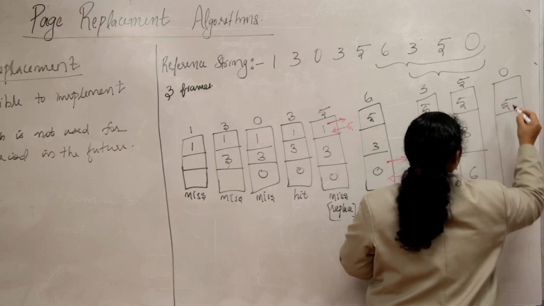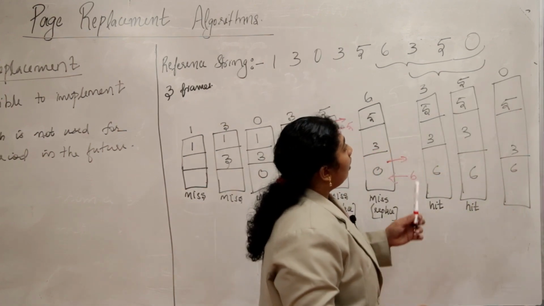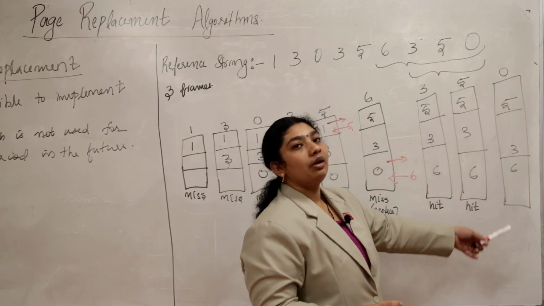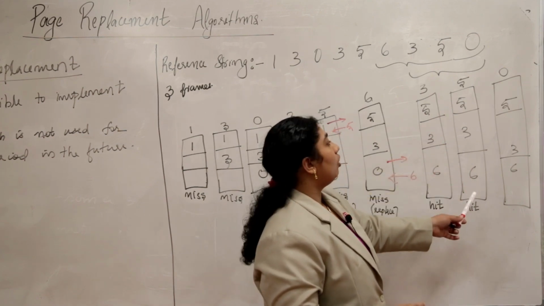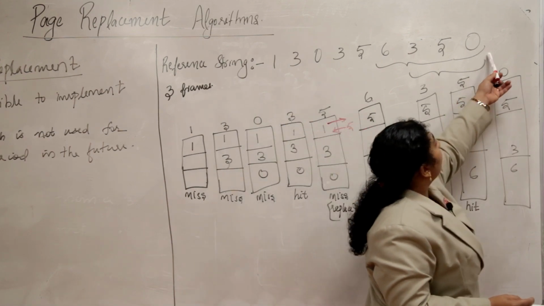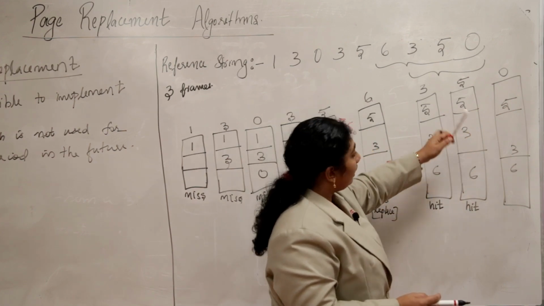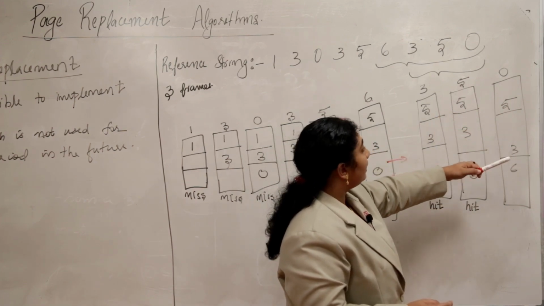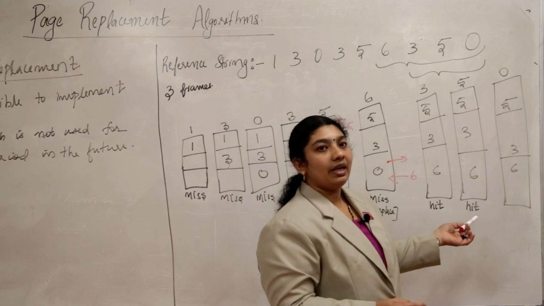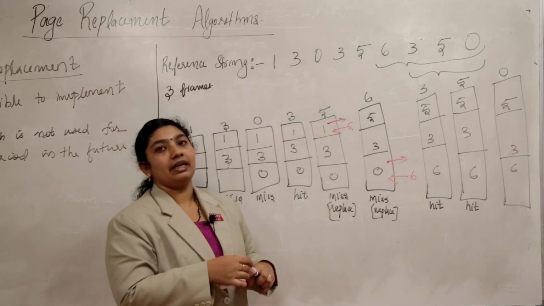What we have in the physical memory is 5, 3 and 6, so 0 is not present. What can we do? We have to replace any one of these so that 0 can be accommodated. In this case, as we don't have any future reference string, any one of these can be replaced and 0 can be included into the physical memory.